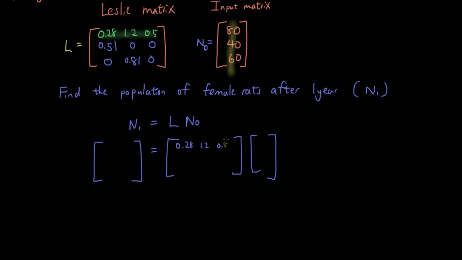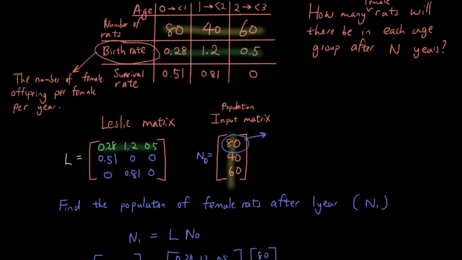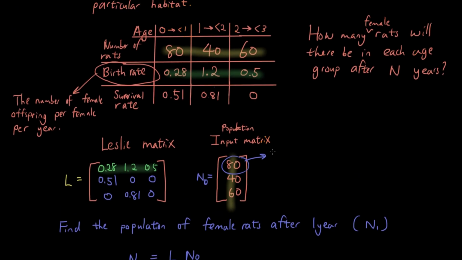That is the first row of the Leslie matrix. And the first column of the input matrix is 80, 40, 60. The 80 represents how many rats there are in the first age group, so the number of rats between 0 to 1 years old.